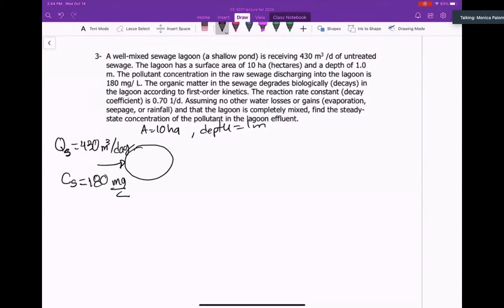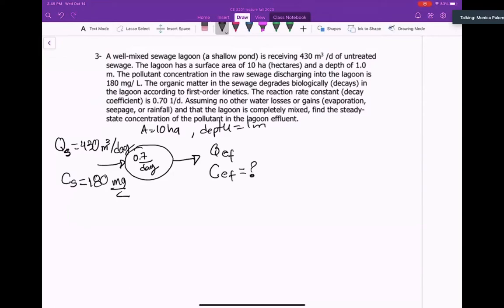The sewage is being degraded, and we have a rate constant of 0.71 per day. There are no gains or losses. We need to find the steady state concentration of the lagoon in the effluent. So the effluent is the line that is going to be exiting. And we need to find the steady state concentration of the lagoon.